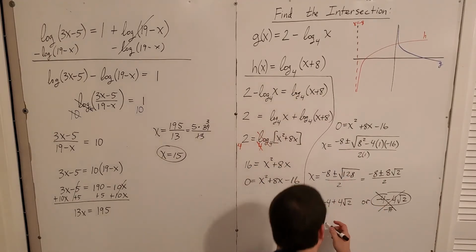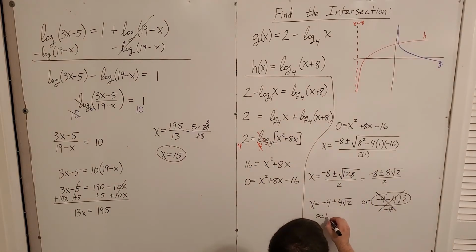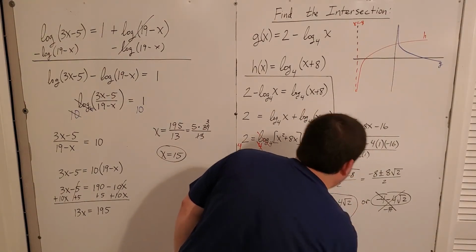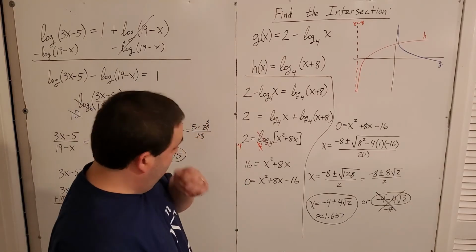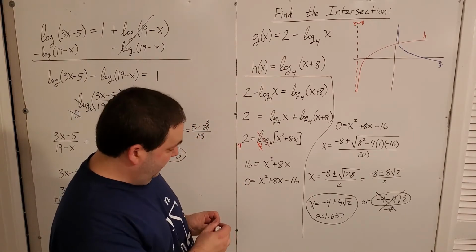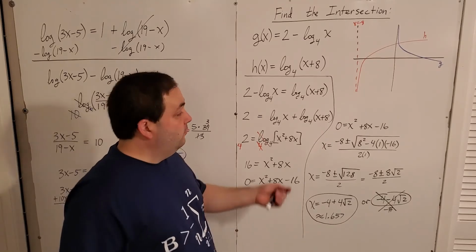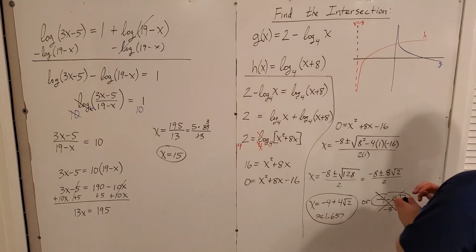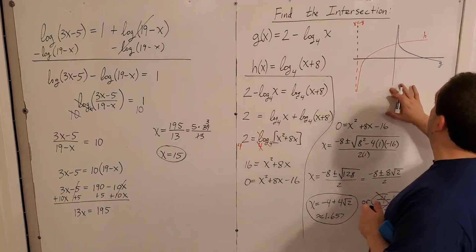-4 plus 4 square root of 2 is 1.657-ish. Okay? And if you plug that back in, you'll find that it does work. In fact, we do want to plug that back in, right? Because we're finding the intersection point. So I need an x value and a y value, right?